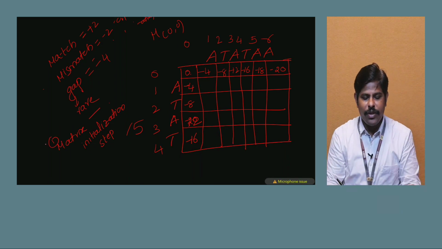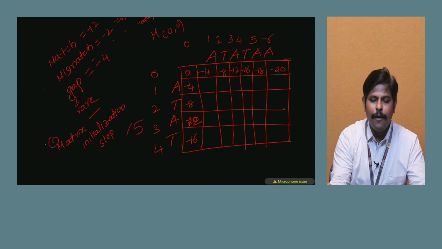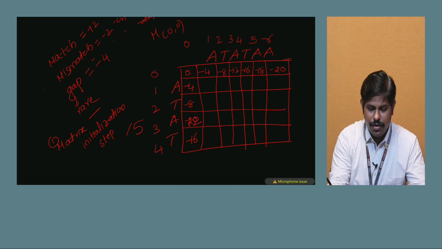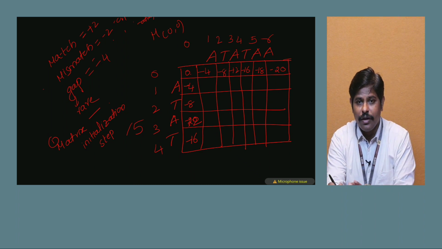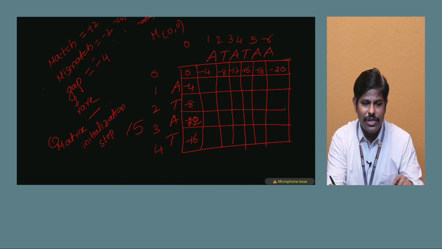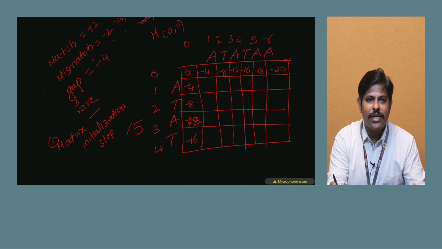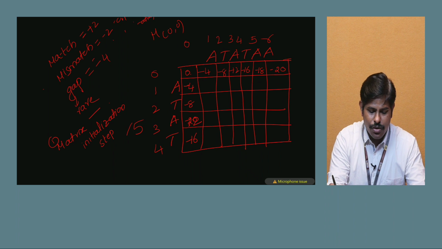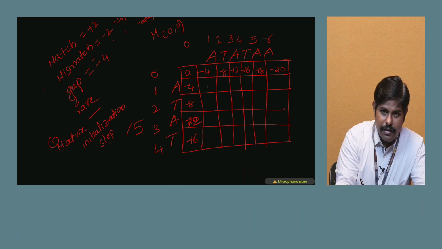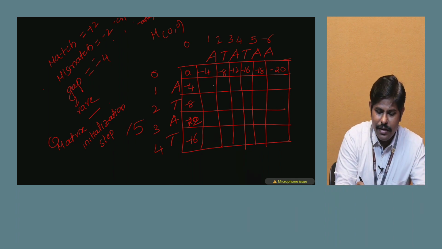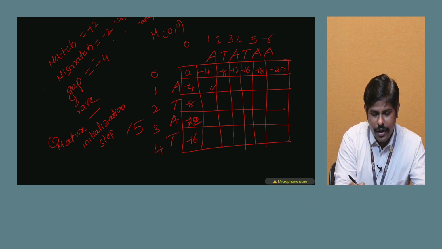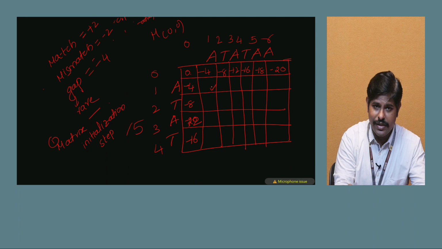Now the second step is filling the remaining cells. The remaining cells have to be filled by considering match, mismatch and the gap scores. All three must be considered. So a cell in this matrix can get scores from three other previous cells.